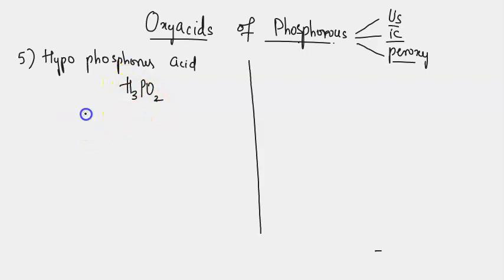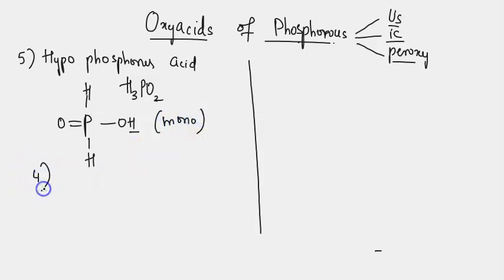So here the structure will be phosphorus at the center, connected to one double bond oxygen. The other will be OH. By this, 2 oxygens are covered, but we are still left with 2 more hydrogens. So 2 hydrogens are bonded on either side. Since there is only one hydrogen connected to oxygen directly, this is a monobasic acid.